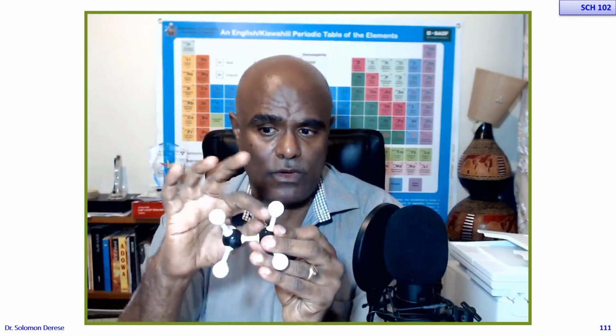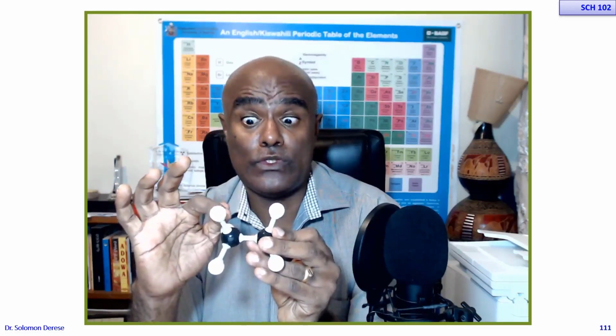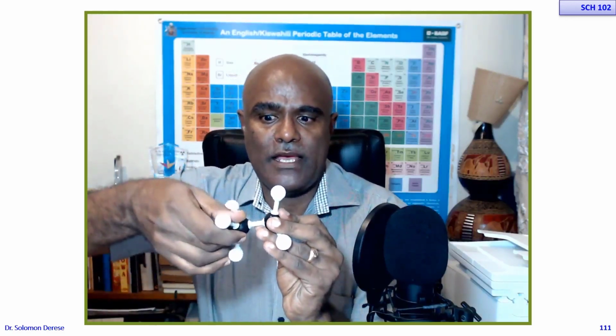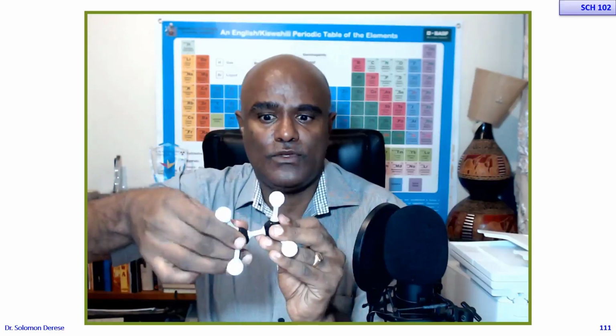These two pairs of electrons are very close to each other, unlike when they are in the staggered conformation. You remember, electrons are, of course, both negatively charged.